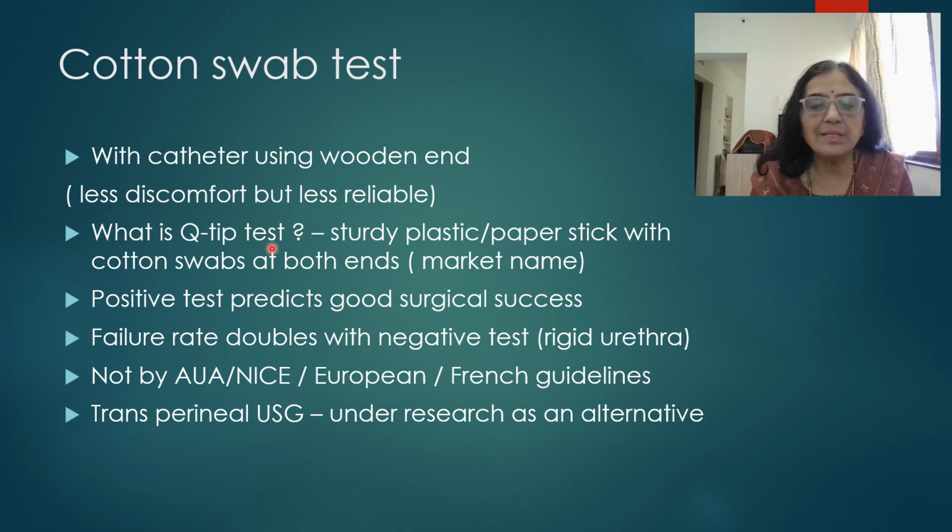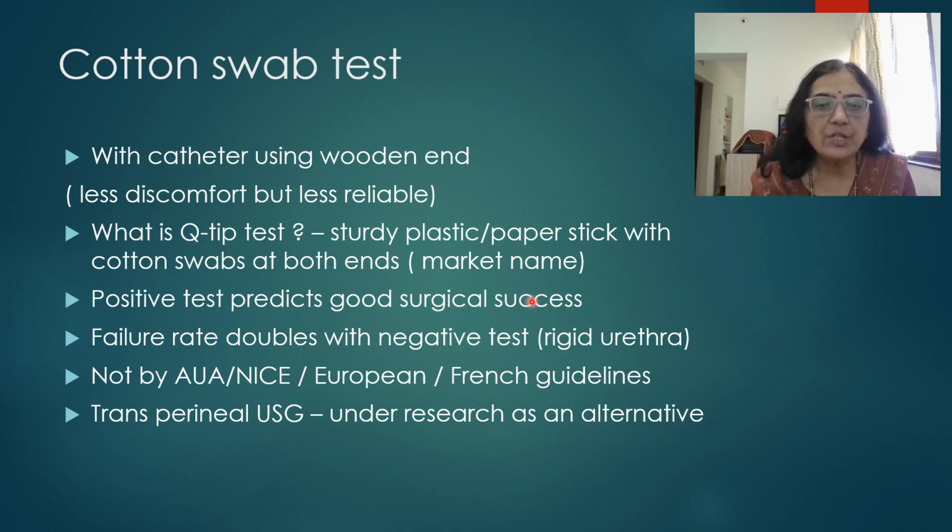So the Q-tip test is the same as the cotton swab test, but Q-tip is a market preparation, a sturdy plastic or paper stick with cotton swabs present at both ends. It is a specific commercial product of a company. Many times the Q-tip test is used instead of the cotton swab test, but any cotton swab can be used for testing this, and that is why the correct terminology is cotton swab test and not the Q-tip test.